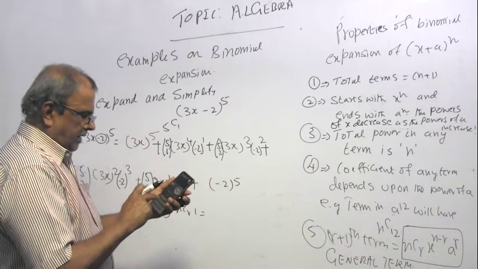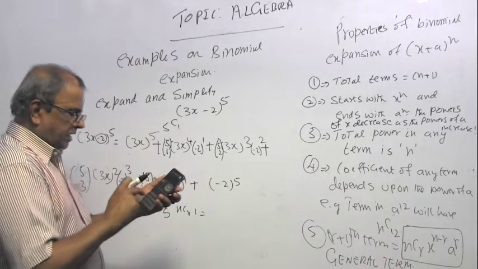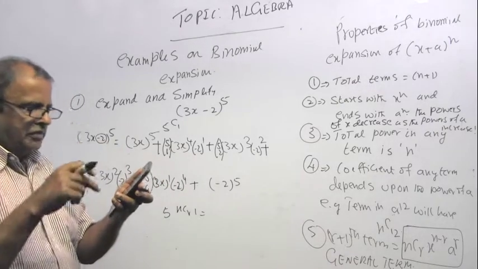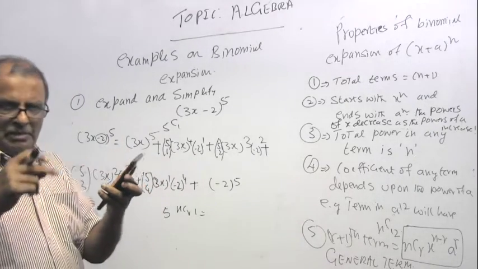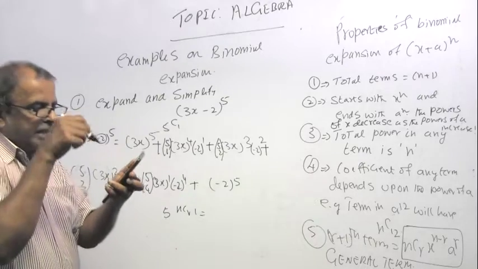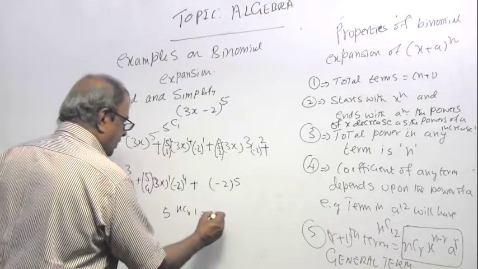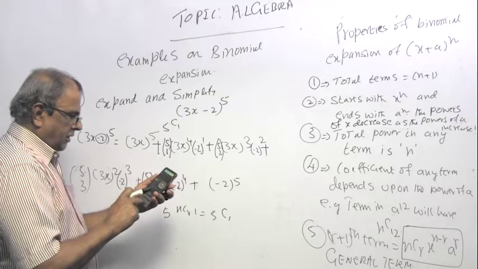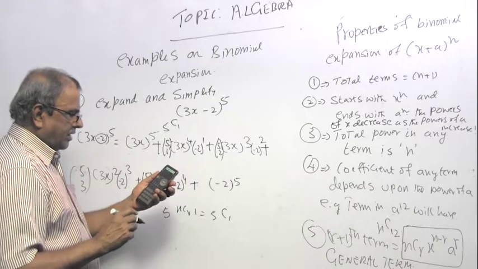Because if you press 2, you're going to get 5 and 2, whereas shift and press 2, you get the letter C, 5C1. In the calculator now, I see that as 5C1. 5C1 is 5.